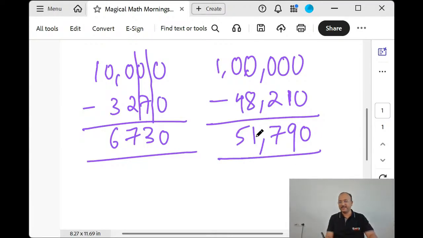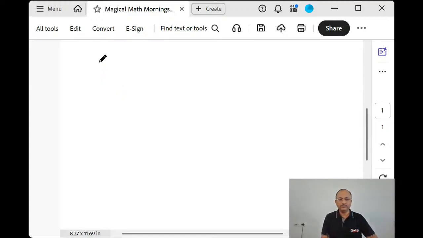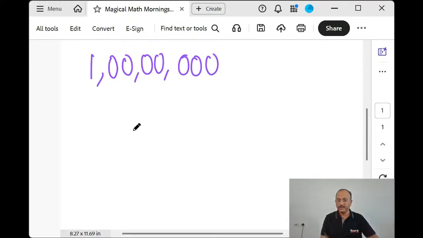Let's take one more, a little bigger number. We want to have 1 crore minus 1,49,800.